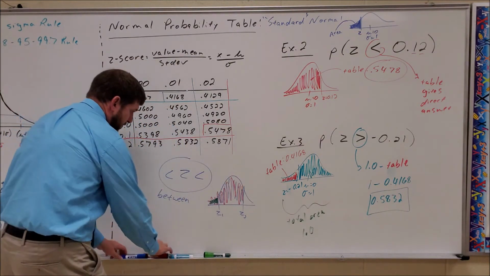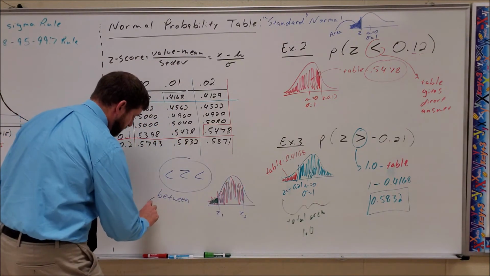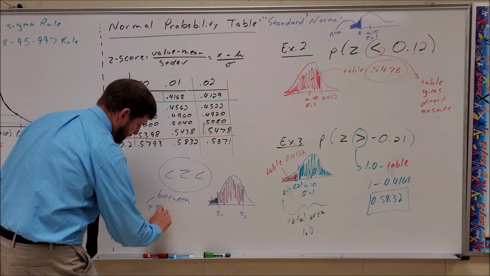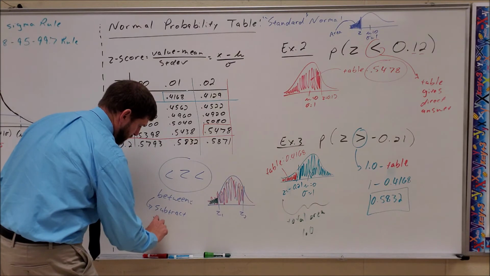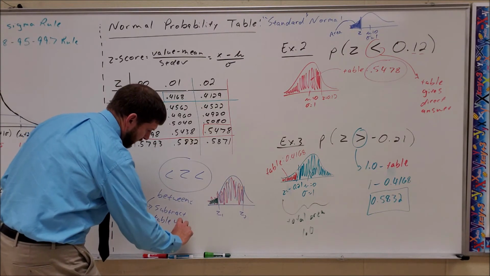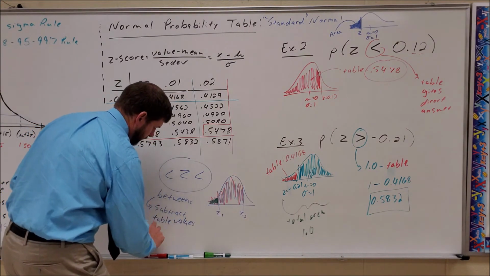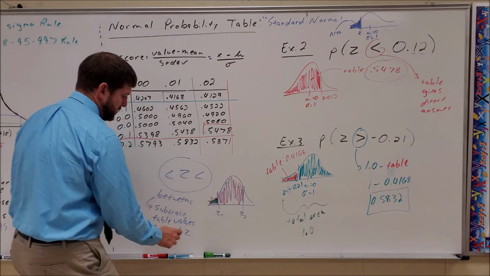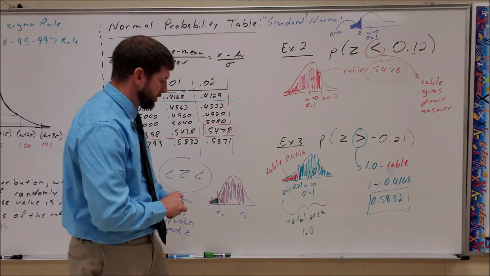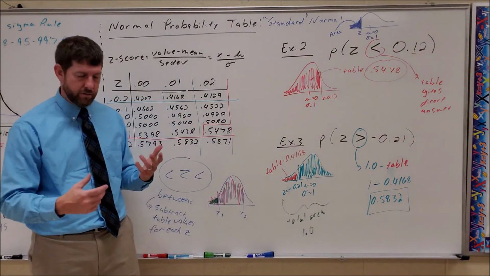So if you have a between situation, that means you want to subtract the table value for each z. So it's like treated as 2 separate problems, 2 less than problems, and just subtract it.